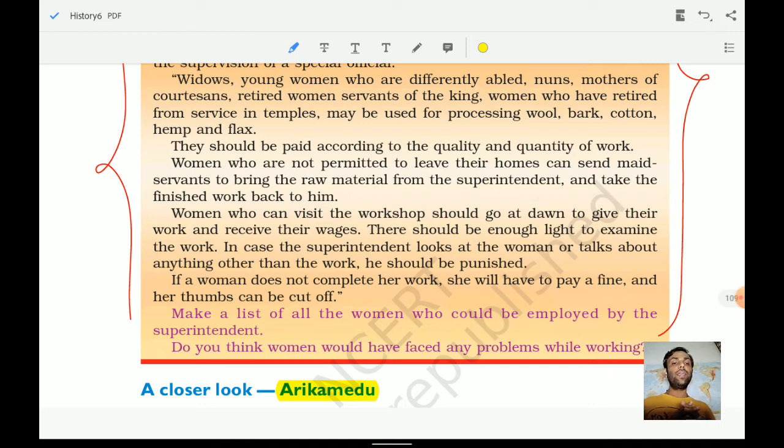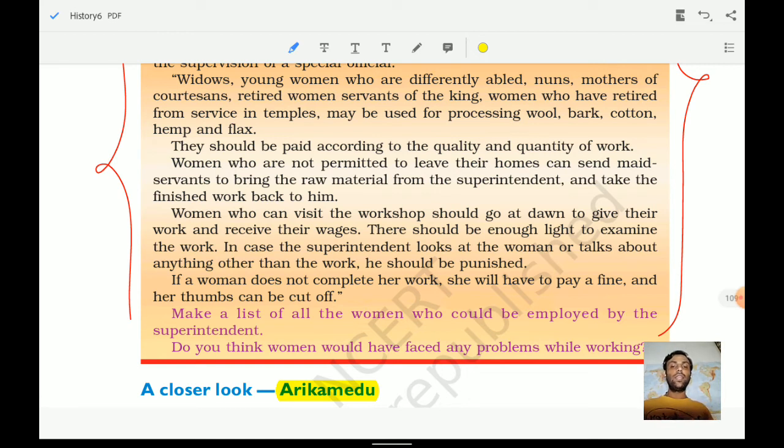And there should be enough light to examine the work, because today we have electricity and other sources of light, but at that time there were limited resources, and this work used to be very important. The person who is examining it should do so in broad daylight, right? That is why light becomes important, and that is why the workers were instructed to provide the work before or at the dawn.